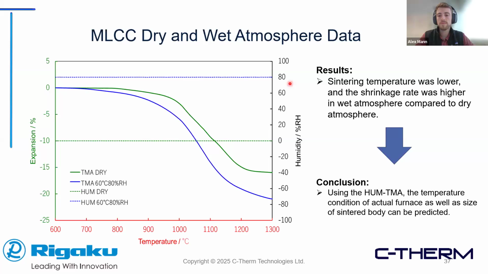So what this means is that for this compound, if you want your material to be denser, harder, stronger, more thermally conductive, among other properties, then it should be sintered in a wet environment.